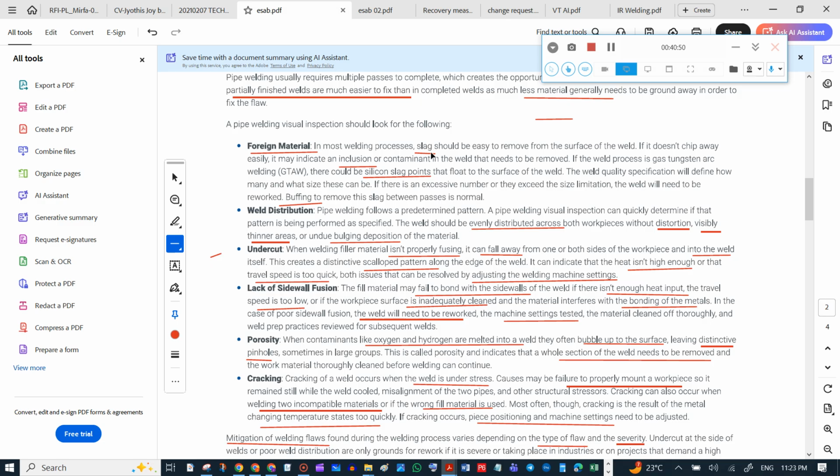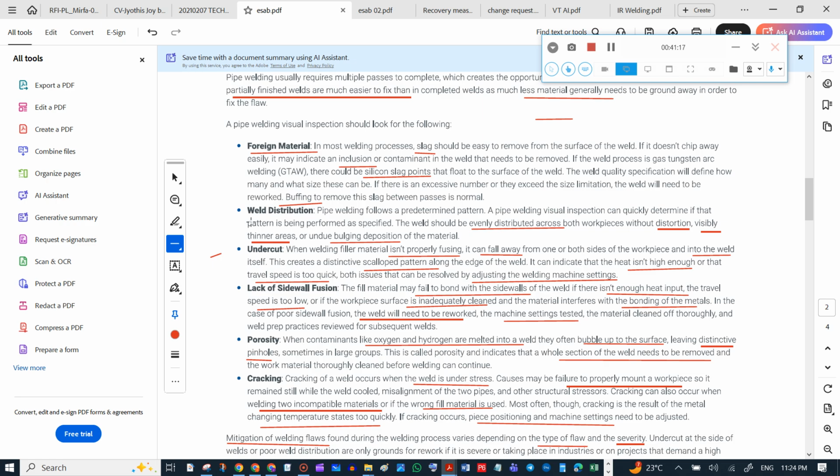It should be easy to remove; if it is not chipped away easily, it may indicate an inclusion in the weld. If the welding is tungsten, it will be silicon slag points that float to the surface of the weld. Buffing to remove the slag between passes is normal. So this foreign material or slag is to be removed during welding.